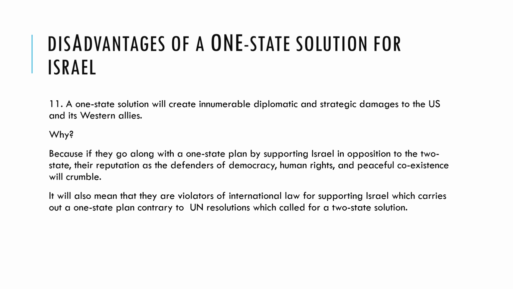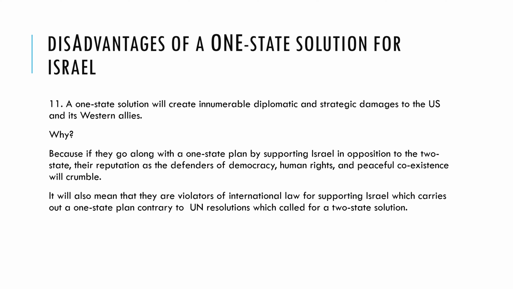11. A one-state solution will create innumerable diplomatic and strategic damages to the US and its Western allies. Why? Because if they go along with a one-state plan by supporting Israel in opposition to the two-state solution, their reputation as the defenders of democracy, human rights, and peaceful coexistence will crumble.